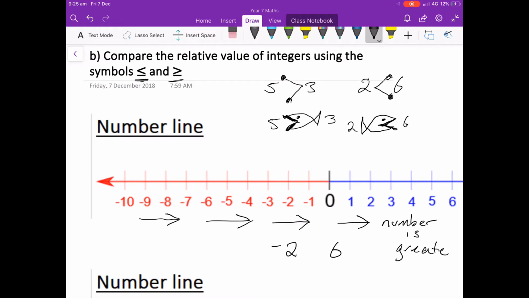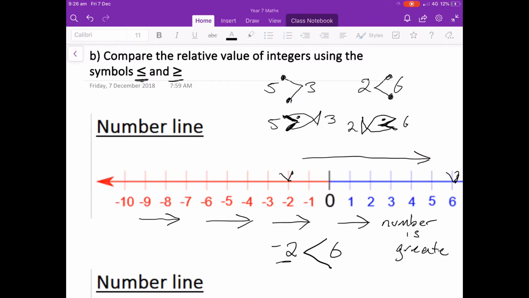So if we start here at -2, which is here, and we find 6, which is up here, +6, obviously it's going to the right, so therefore 6 is greater. So I draw the symbol in there.